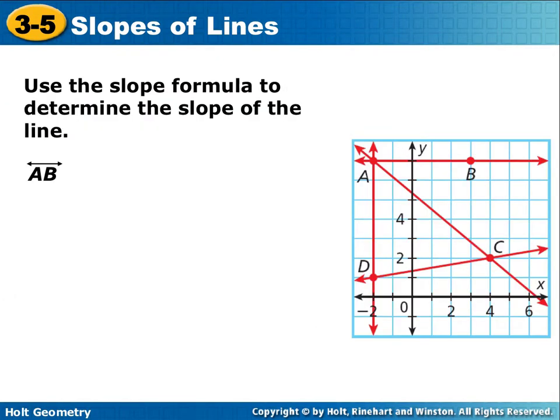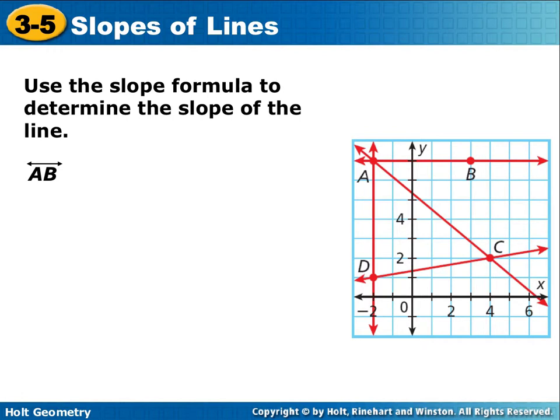On this one, use the slope formula to determine the slope of the line. So we want the line AB. Let's write down what's point A and what's point B. Probably should have just made that whole one big square instead of separating.